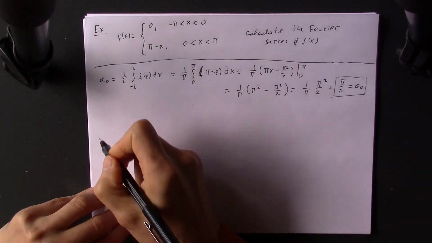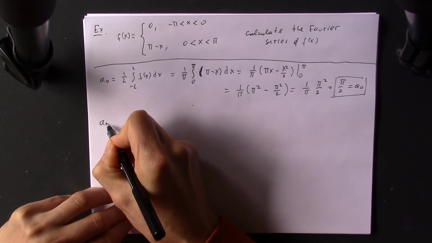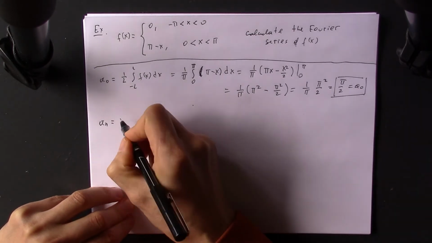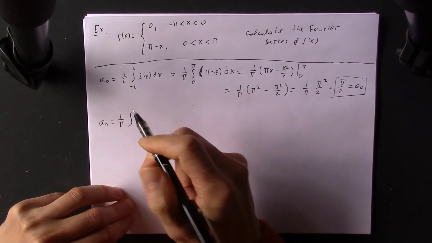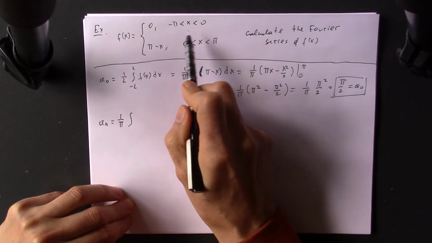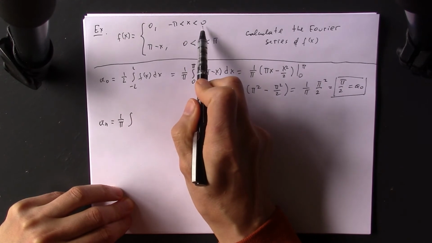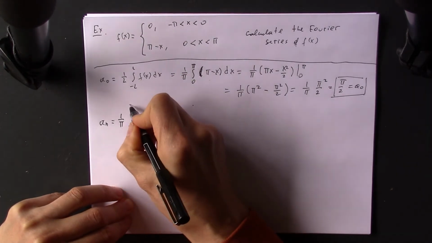Now to calculate an. L equals pi, so 1 over pi integral. Because the function is defined as equal to 0 when x is negative, we'll do the integral from 0 to pi.